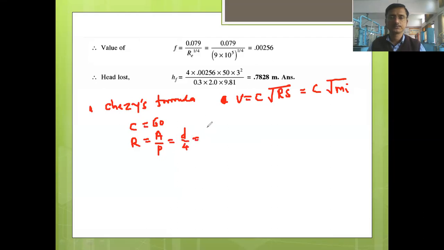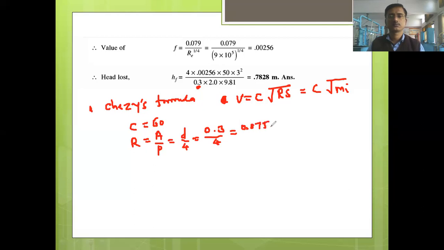How much is the diameter? 0.3. Here taken 0.3 D. 0.3 by 4 is equal to 0.075.